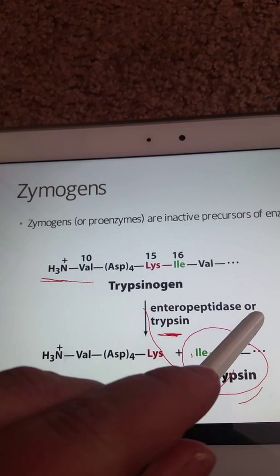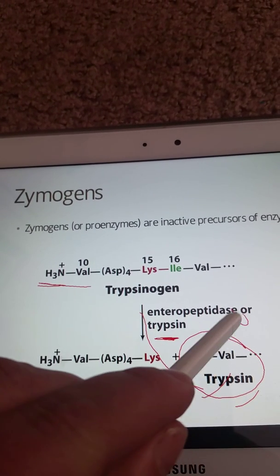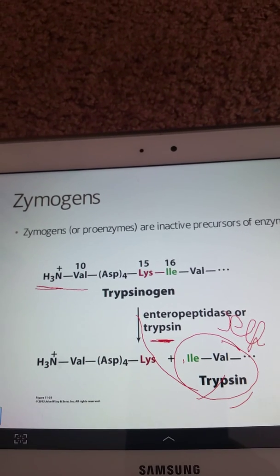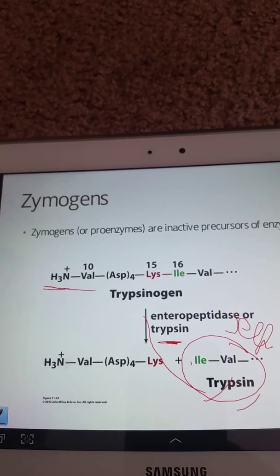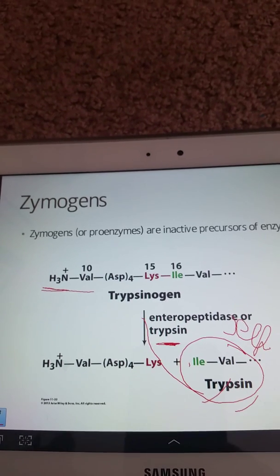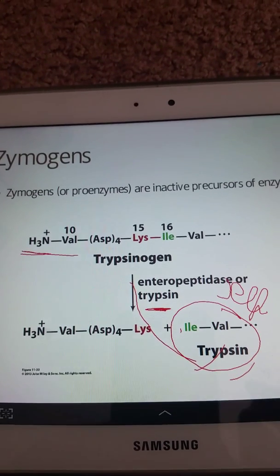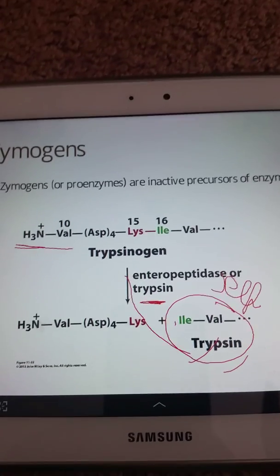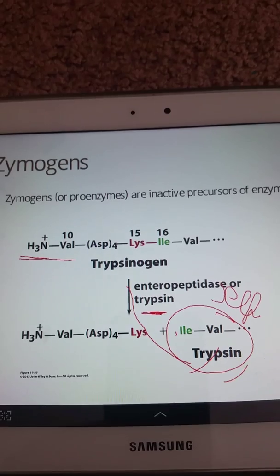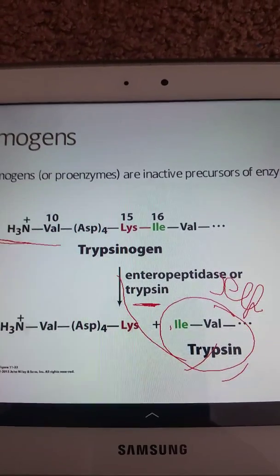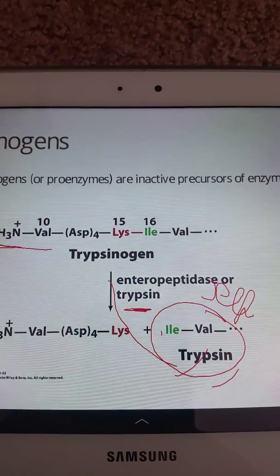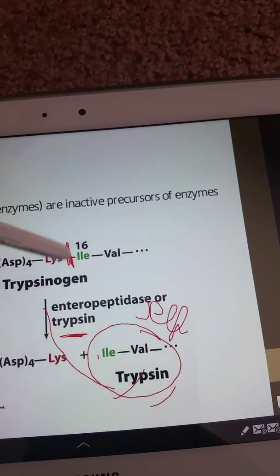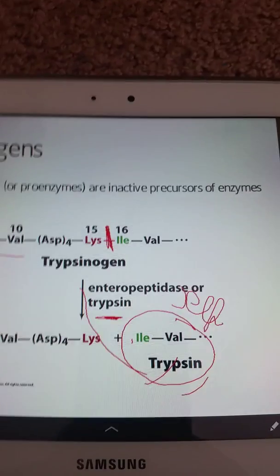So this is a self-feedback activator. Wherever you have trypsin, when trypsinogen gets transported to that area, another molecule of trypsin will activate trypsinogen by cleaving between lysine, oops, I'm writing on the wrong screen, between lysine and isoleucine.